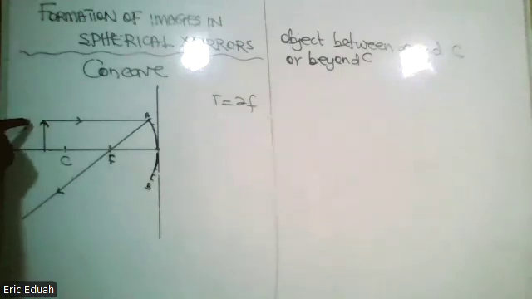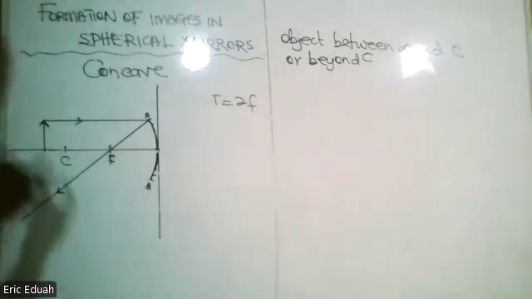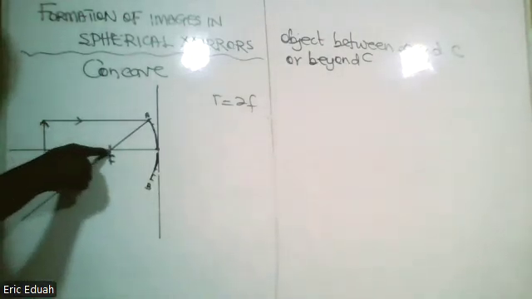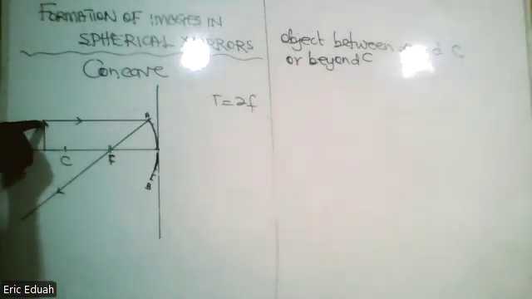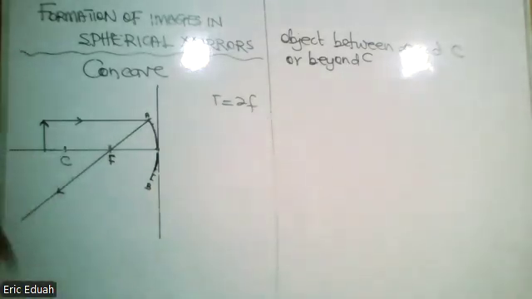You have a ray hitting the mirror at 90 will pass through C. You have a ray from the object passing through F after reflection. There are several of them. And you also have a ray of light hitting the pole. Any of this can work.